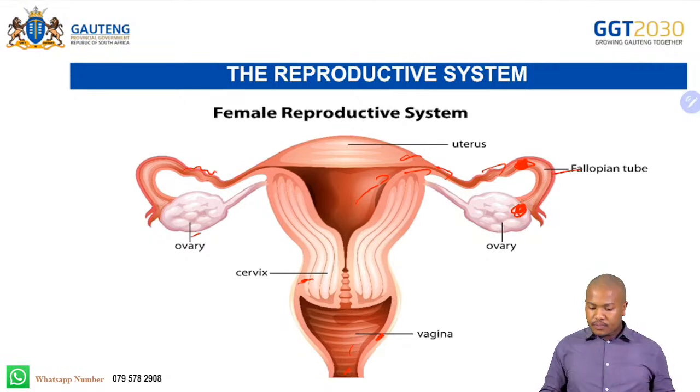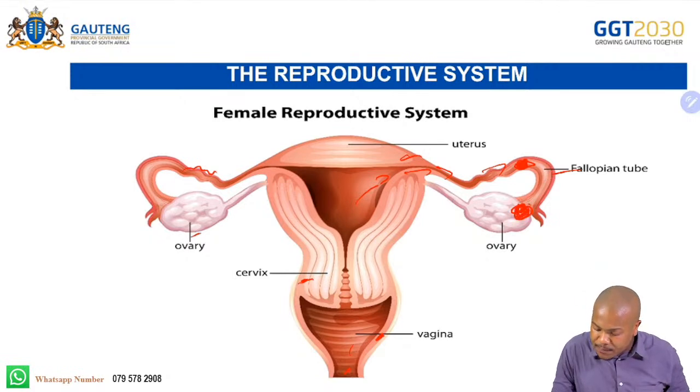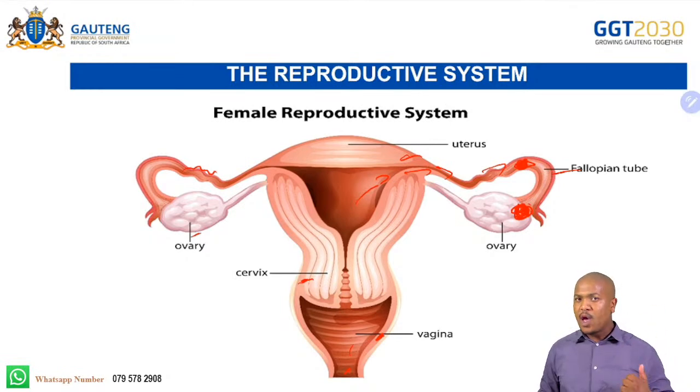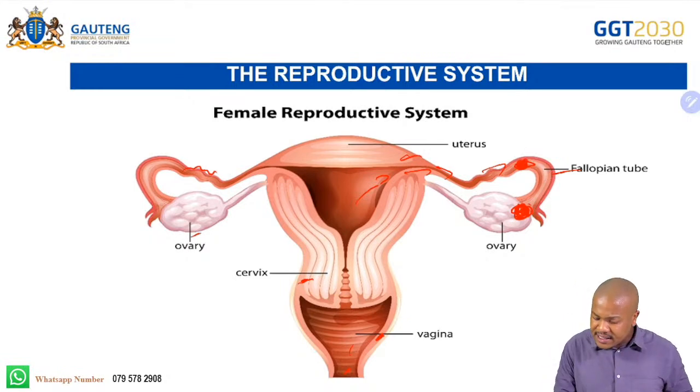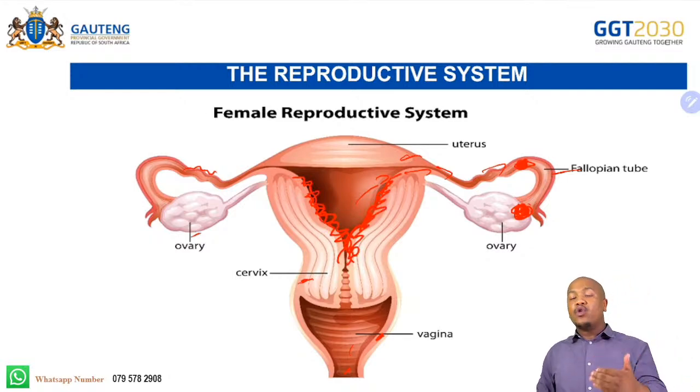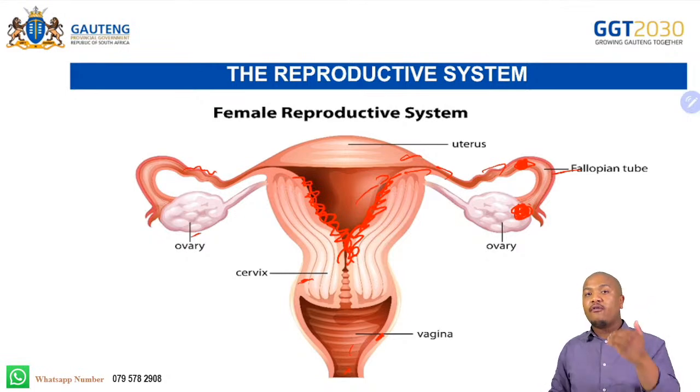But on day 14, when the egg cell is released from the ovaries into the fallopian tubes and copulation does not take place or fertilization does not take place, what does it mean? This egg, together with the endometrium lining, which is known as the uterus lining and which thickens during your menstrual cycle, is going to leave the body in the form of blood.